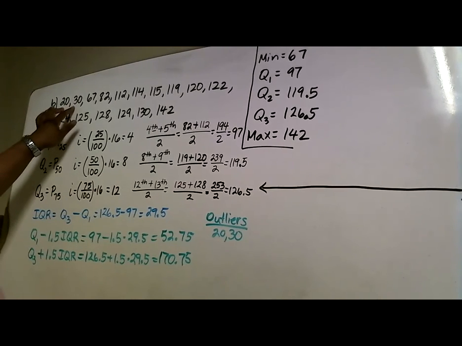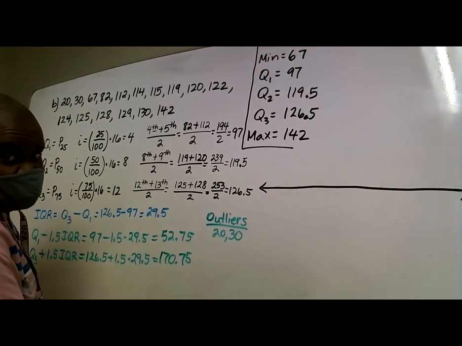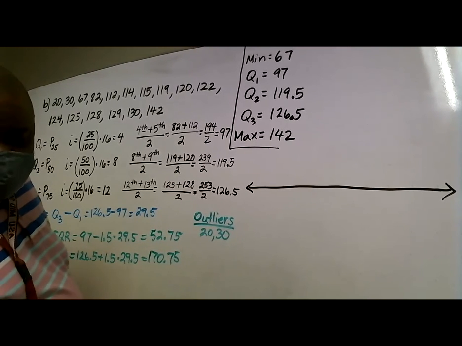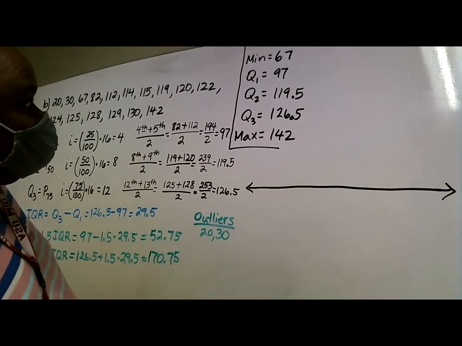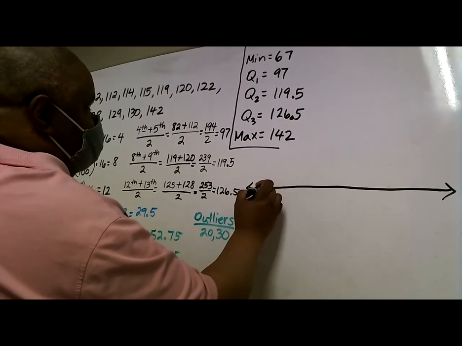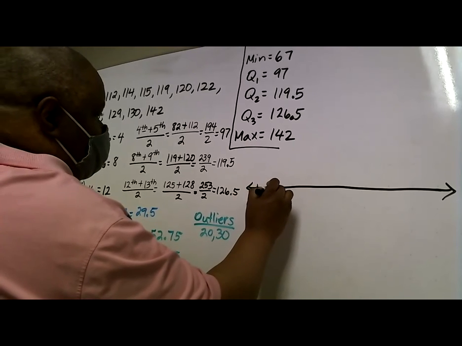Well, the 20 and the 30 are the outliers, then the next number. Any other questions? Okay, we'll start with 0.